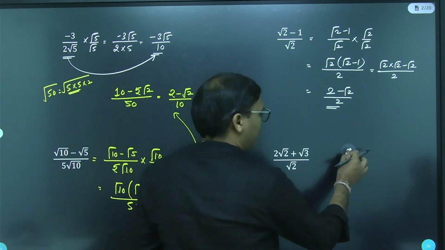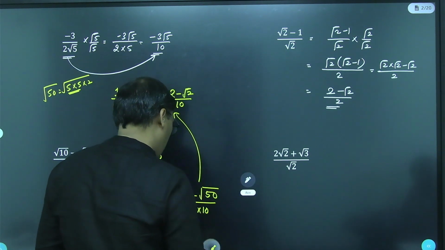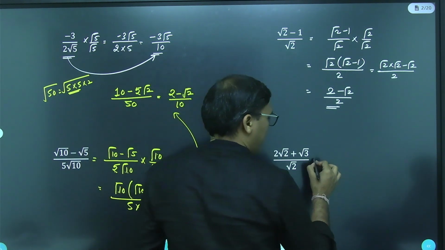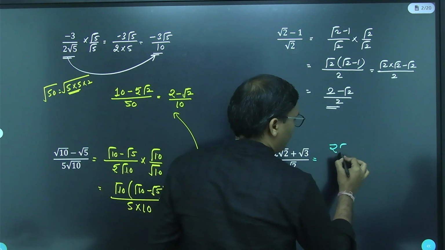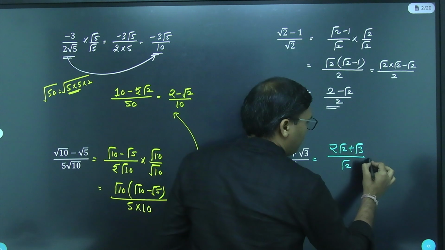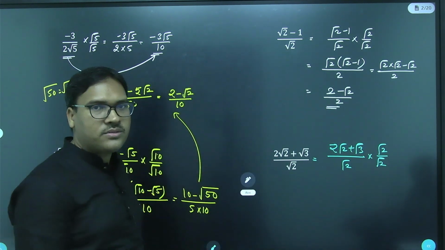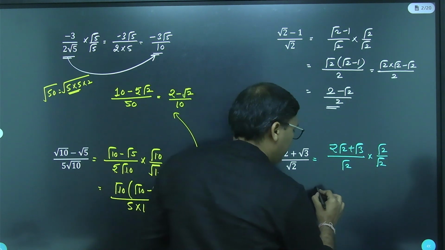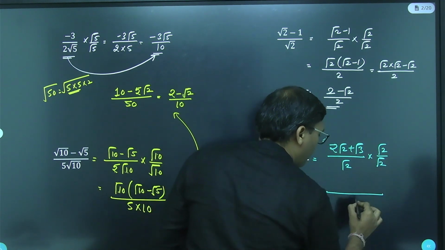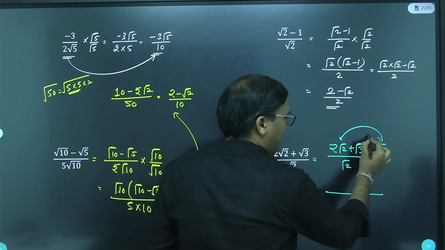Now let's talk about this question. You can see I have to rationalize this denominator. What I will do is I will write this as 2 root 2 plus root 3 divided by root 2, and multiply and divide by root 2 to rationalize, because now this will become the denominator. Root 2 into root 2 is 2. I will multiply this to this term as well as this term.